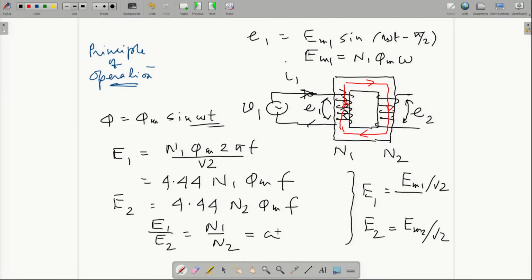So, now with all this, whatever we got, let us try to see the relevant waveforms, right.